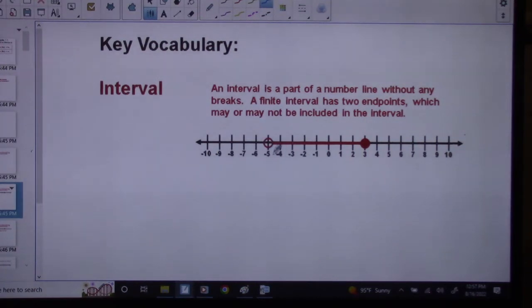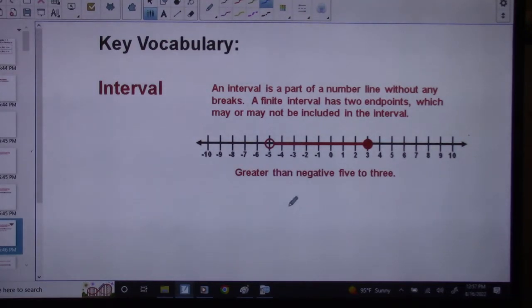So is this one on the left included? No, it's not. Is the one on the right included? Yes. So here's a good example of a finite interval, one of which has an included endpoint, the other of which has a not included endpoint. Okay?